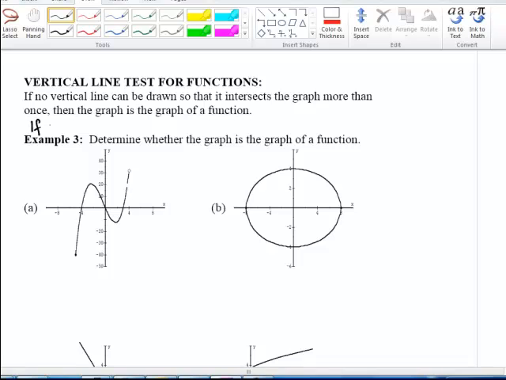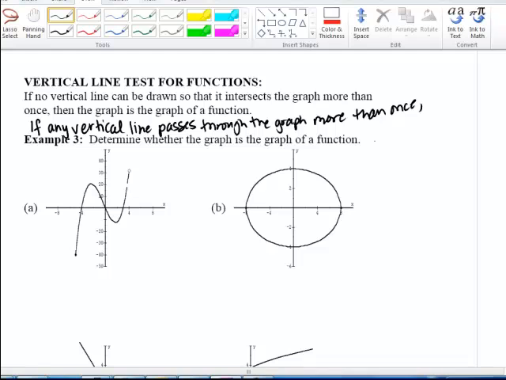If any vertical line passes through the graph more than once, the graph does not represent a function.